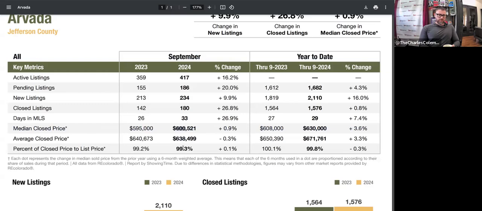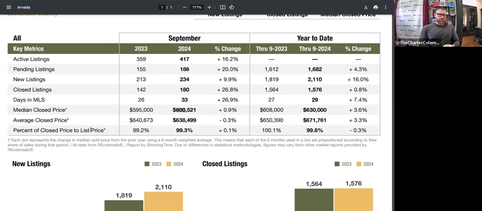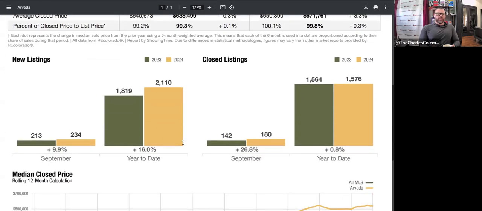These are removing the outliers. Percentage of close price to list price. So here we can say that 0.7%, 1%, right? Not even 1%, but 1% is what we are changing the list price if we overprice the house, right? So that could be $10,000, depending on your price point, that could be $50,000, depending on what price point you guys are playing at.